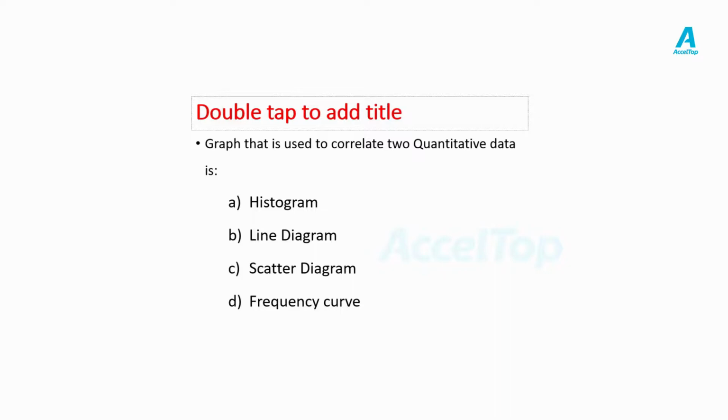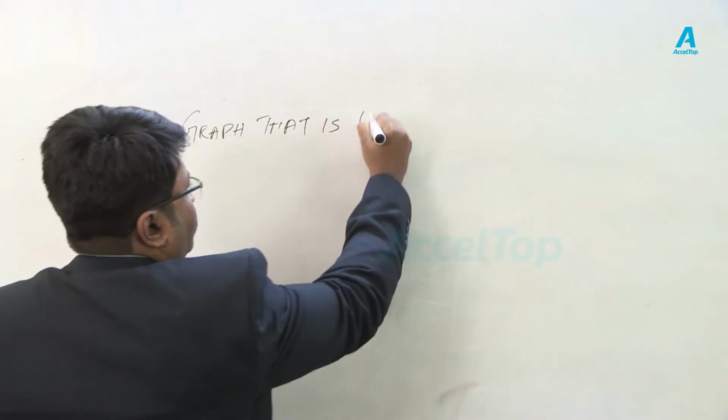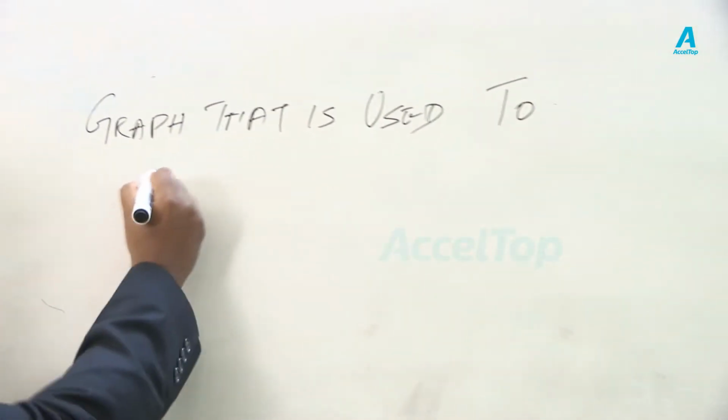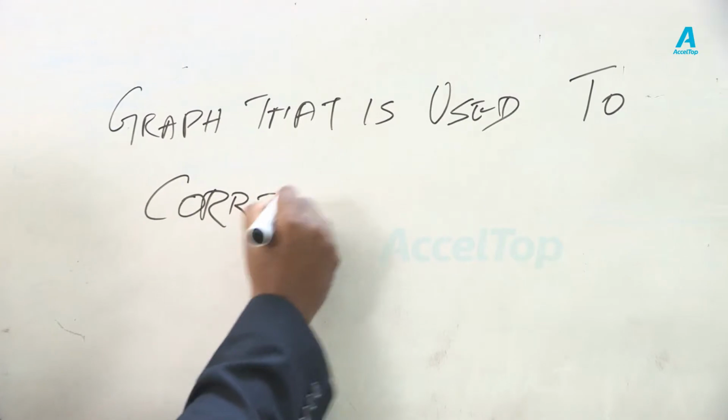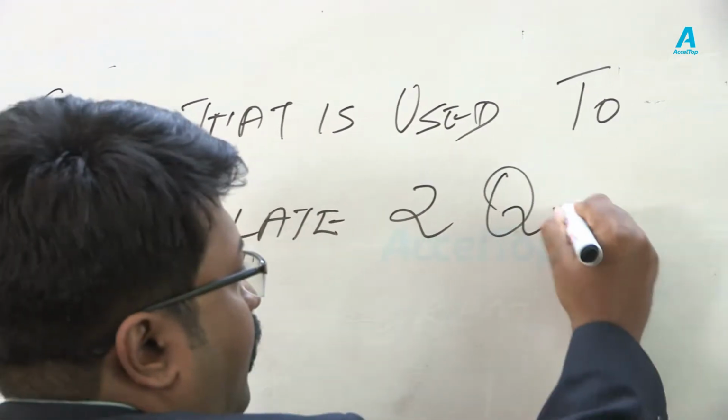The next question is, graph that is used to correlate two quantitative data.